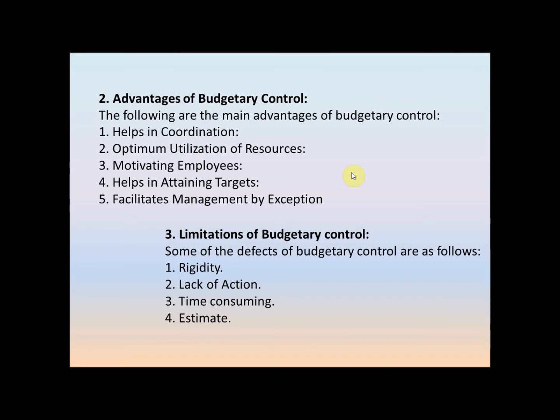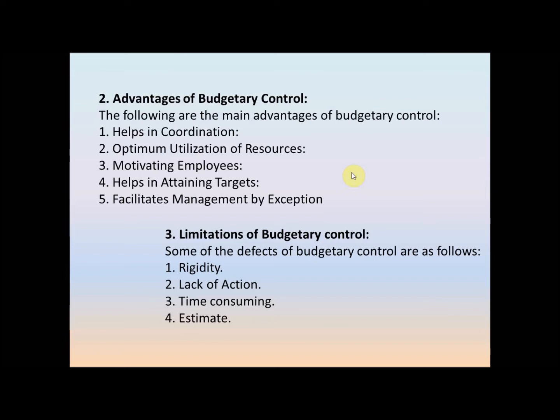Fourth, helps in attaining targets. Budgeting ensures attainment of organizational goals by focusing on specific and time-bound targets. 5. Facilitates management by exception. By stressing on the operations which deviate from budgeted standards, it facilitates management by exception in the organization.